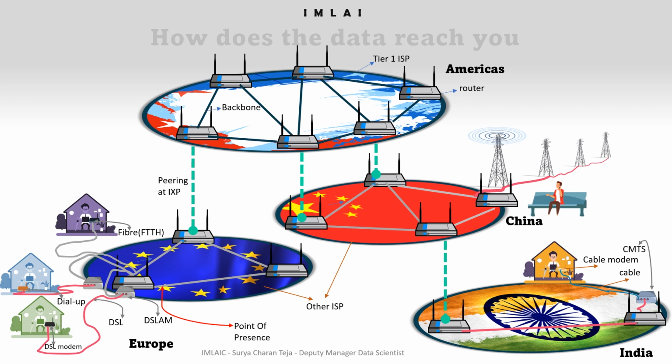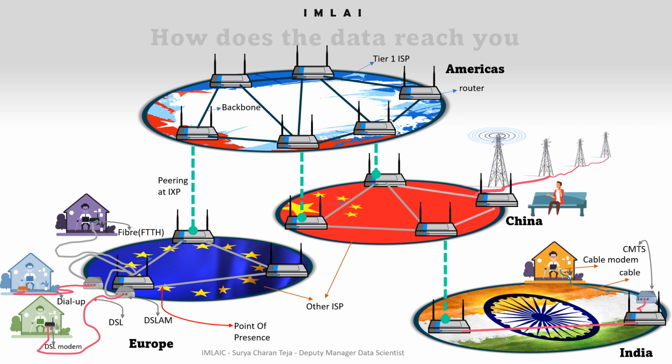So now let us look into one more concept in this, called Internet Exchange Points, IXPs. I gave a brief about ISPs before, but now let me explain a little bit in depth.